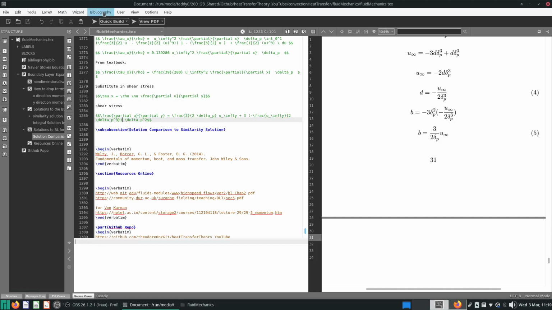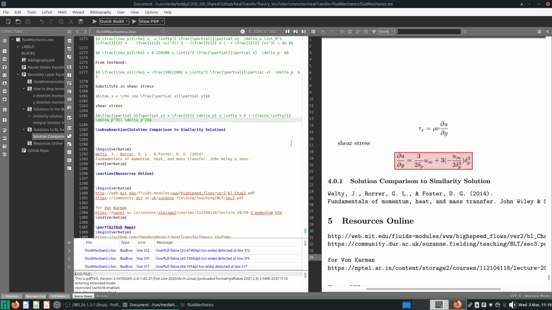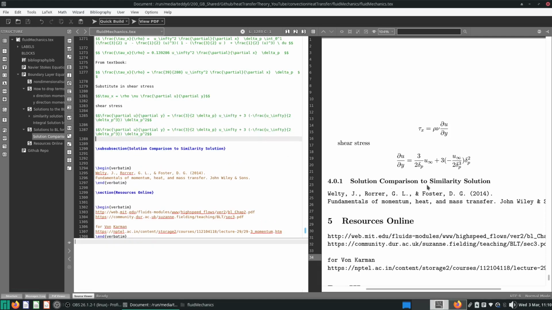Alright, so let's simplify this quickly. Of course the delta p's will cancel out, and then we'll get a 3/2 in front, so it's a minus 3/2.